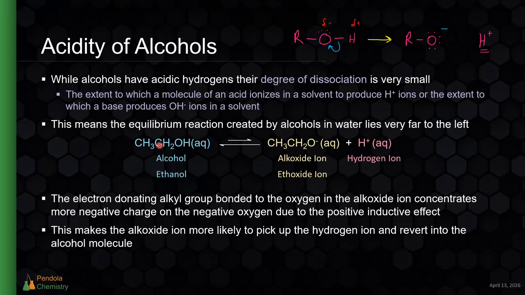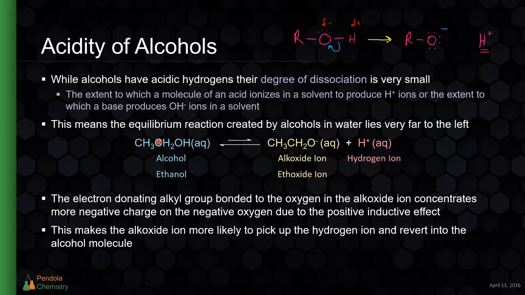The more carbon there is attached to the OH group, the less stable that alkoxide ion becomes.